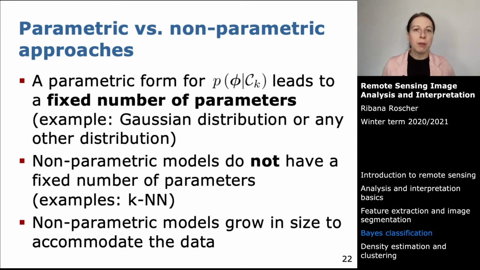We used a parametric approach because we used a Gaussian distribution, and when you use a parametric form for the likelihood, it leads to a fixed number of parameters. Our Gaussian distribution is defined by the mean and the covariance matrix. That means you always have these kinds of parameters, and your whole data is described by these parameters.